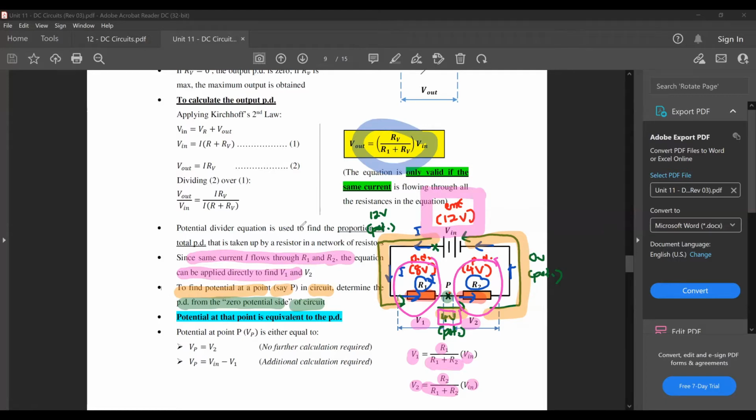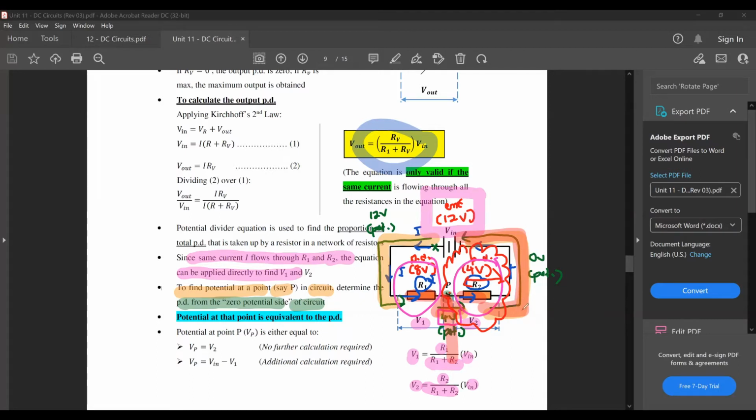Usually it will be much easier if you find the potential difference from the zero side of the circuit. The zero side of the circuit is referring to this one. This part is 0, right? So if you want to find the potential here, it's easier to find the PD across here.